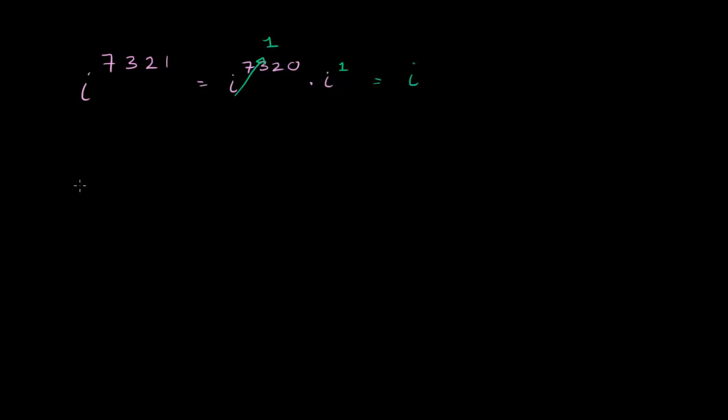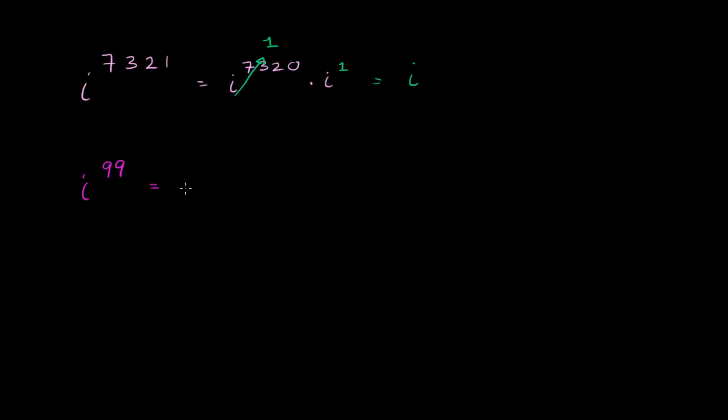Let's do another one. Let me try something interesting. i to the 99th power. So once again, what's the highest multiple of 4 that is less than 99? It is 96.